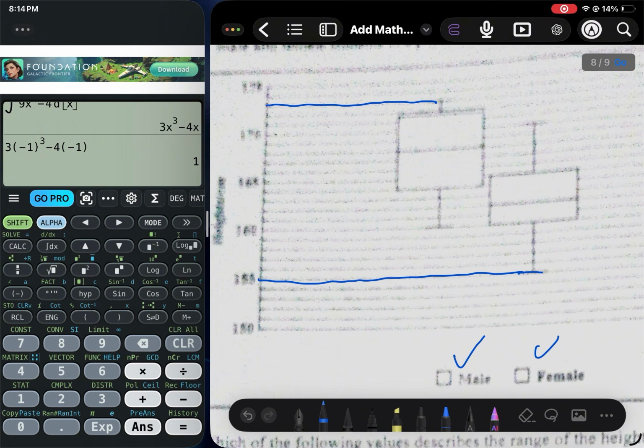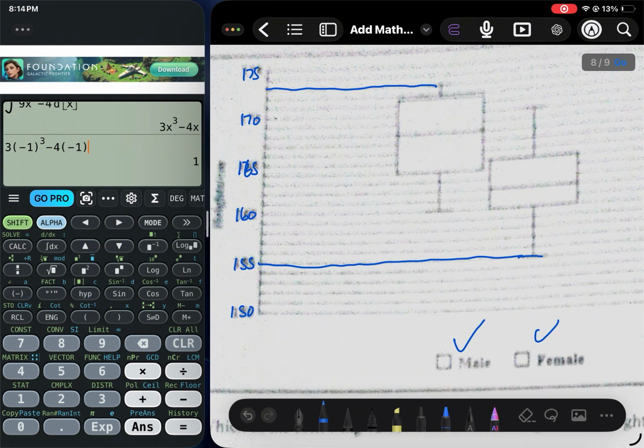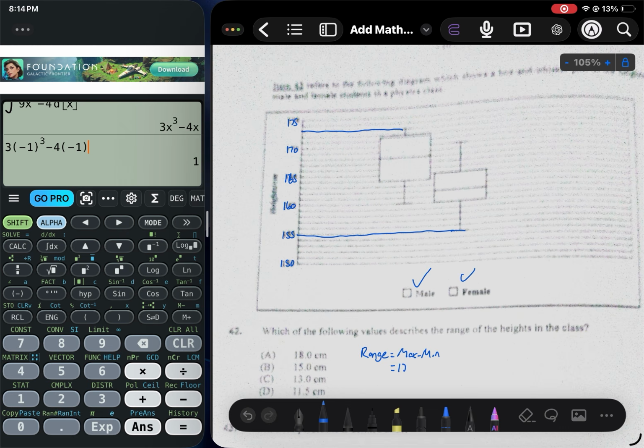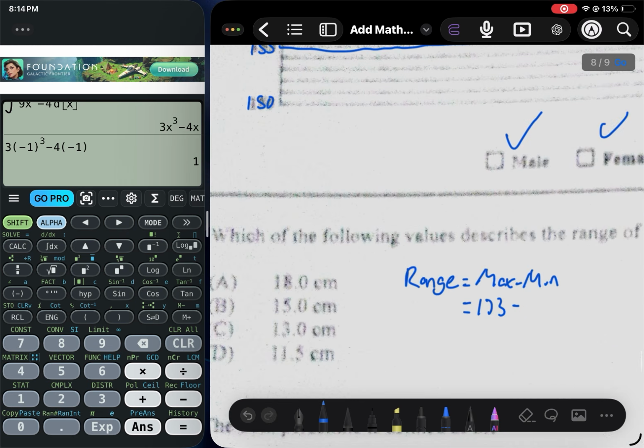This goes up by increments of 5, so 150, 155, 160, 165, 170, 175. So our max would be 173, and our minimum is 155. And that would give us 18. So our answer would be A.